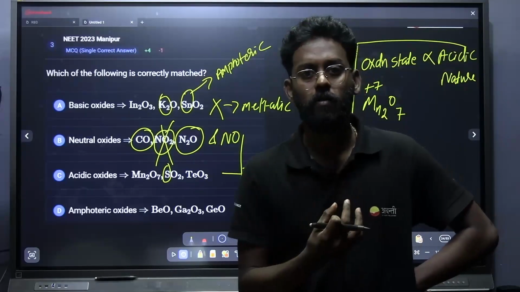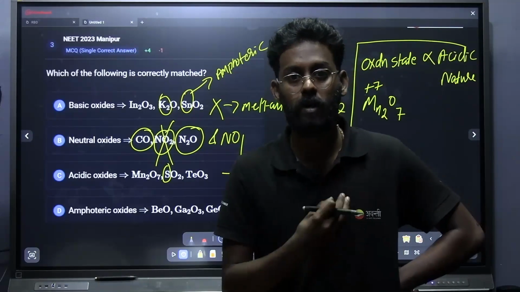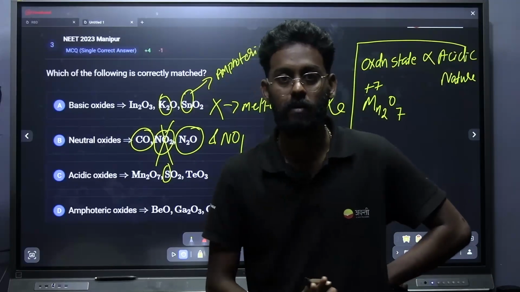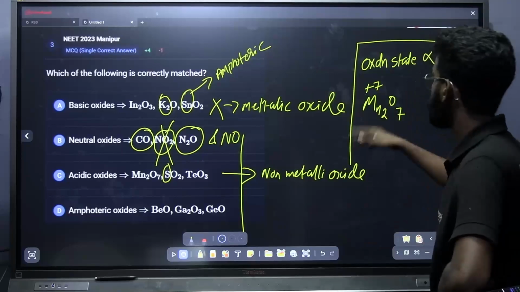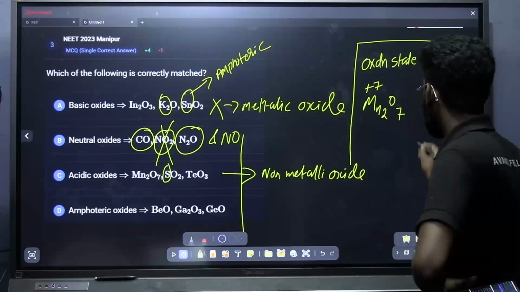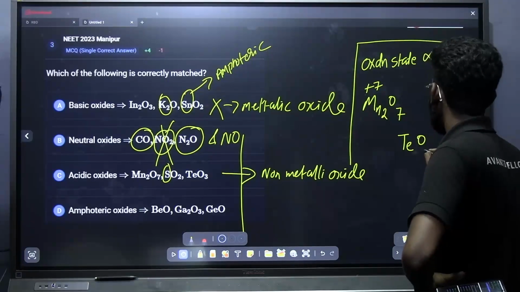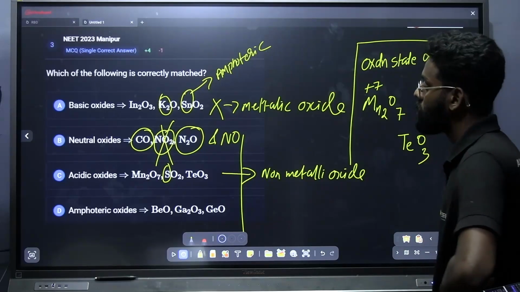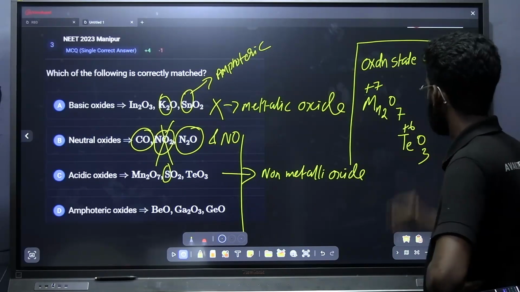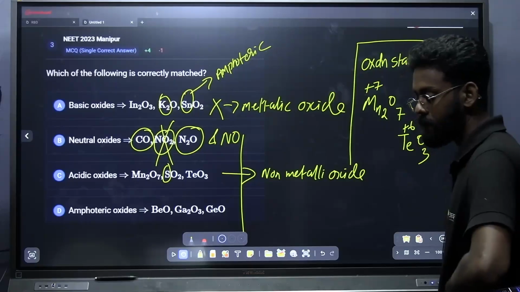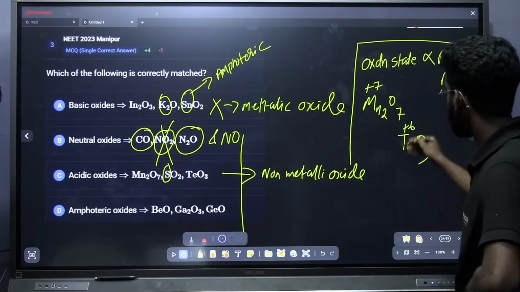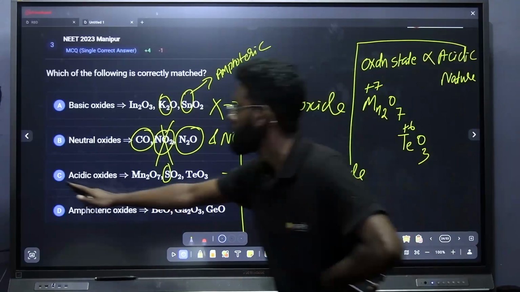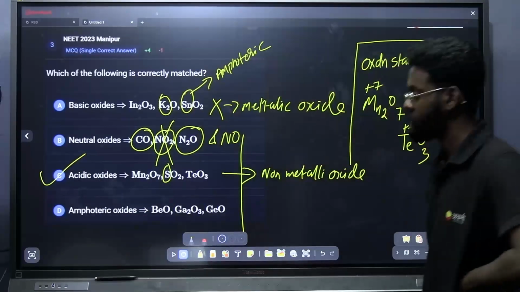Receiving electrons is the tendency of acidic nature, right? Donating electrons is basic nature. So that is why Mn2O7 is an acidic oxide. Same is the case with tellurium trioxide, which has +6 oxidation state. Due to the high oxidation state, it acts as an acidic oxide. So this is our correct answer.